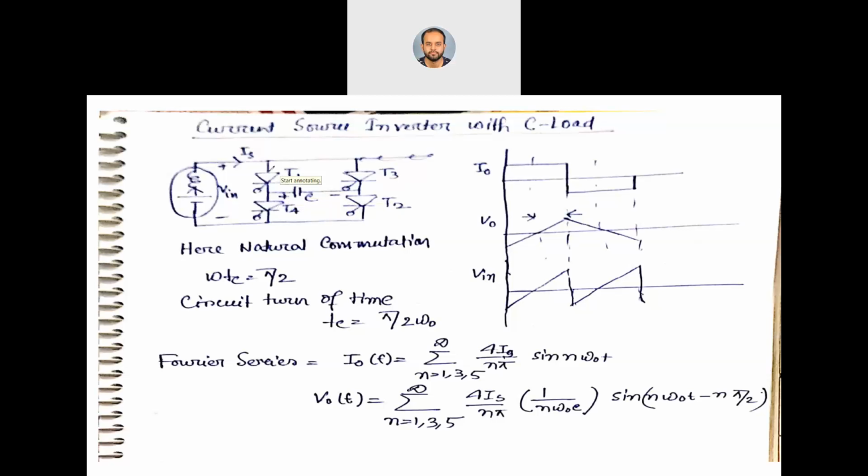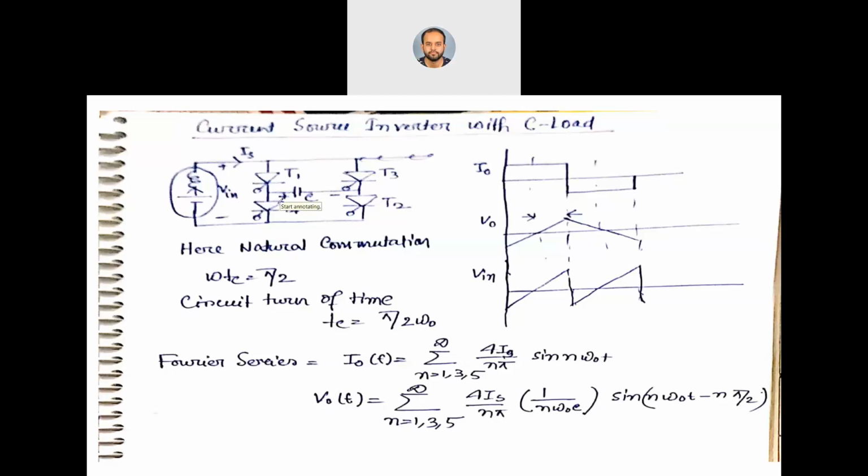As a result, T1 will be reverse biased, and the same for T2. Why? In the previous case, from 0 to pi the voltage is positive and from pi to 2 pi the voltage goes negative. But here, after pi, for some time the voltage is still positive across this, while the current is flowing in the other direction. So T1 and T2 will automatically be reverse biased. Natural commutation is possible. But in case of R load, natural commutation is not possible.